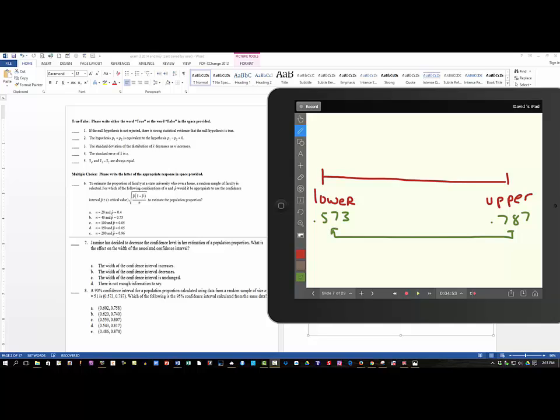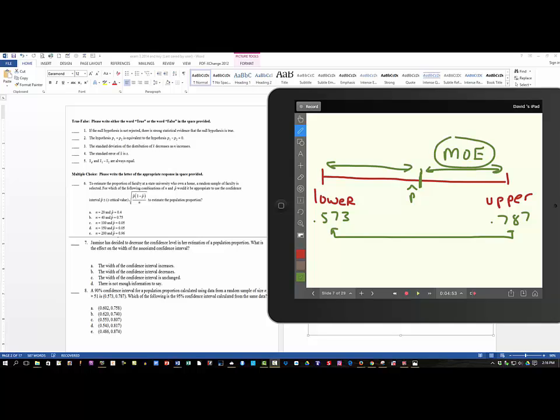The center of our interval is going to be the statistic p-hat, and this distance between p-hat and the upper limit, which will be the same distance as p-hat to the lower limit, is the margin of error. I've got all the math on the next page, but once we get this difference, 0.787 to 0.573, we'll take half of that distance. That's going to be MOE.